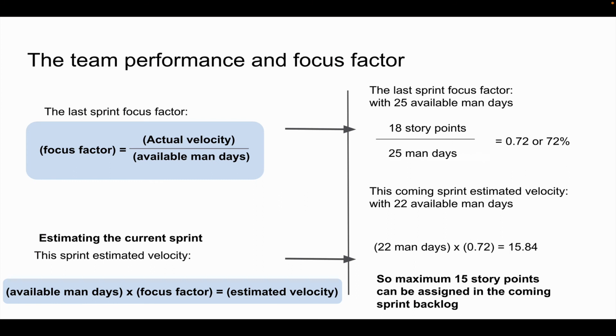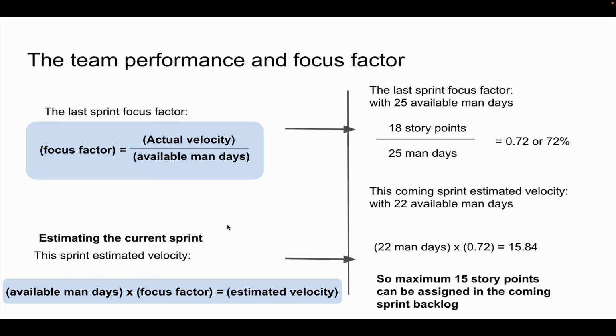The number of stories that they finish relates to the total number of points that they had estimated initially. Taken from the last sprint, the focus factor is given by the actual velocity divided by the man days that they worked, right? In this case, we had 18 story points and 25 man days, so that's 72%.